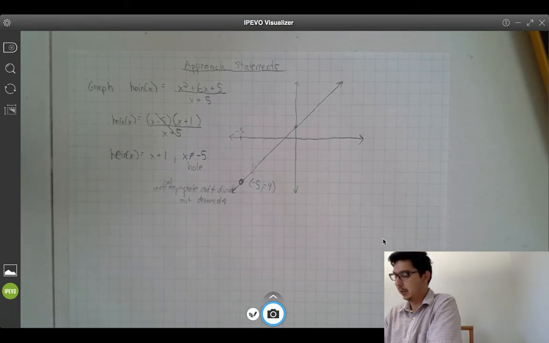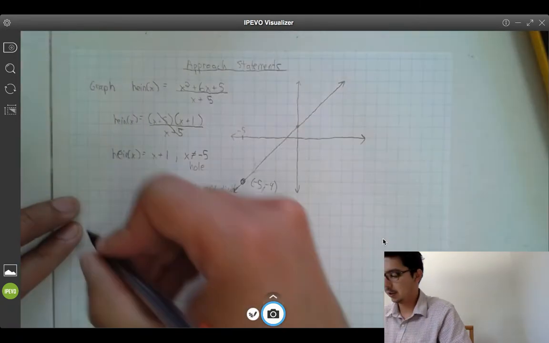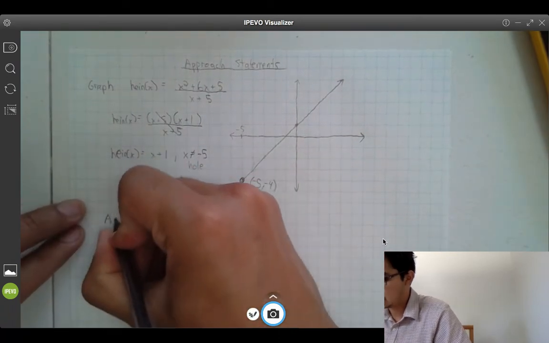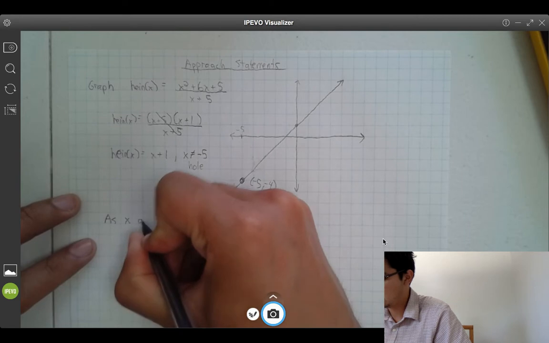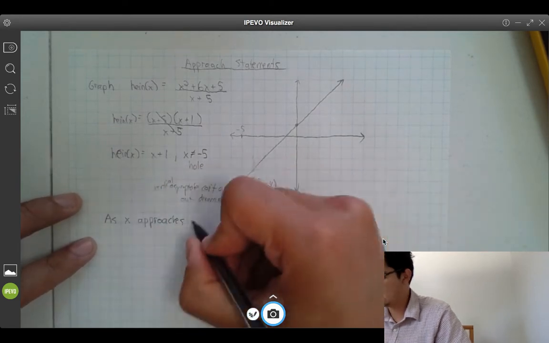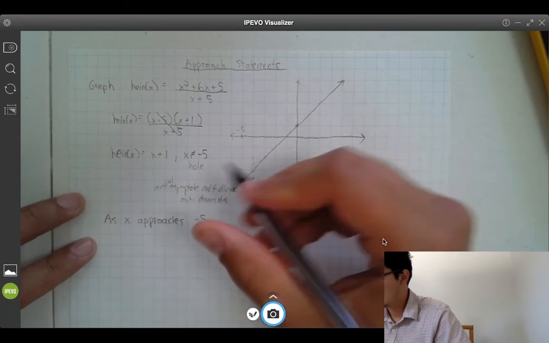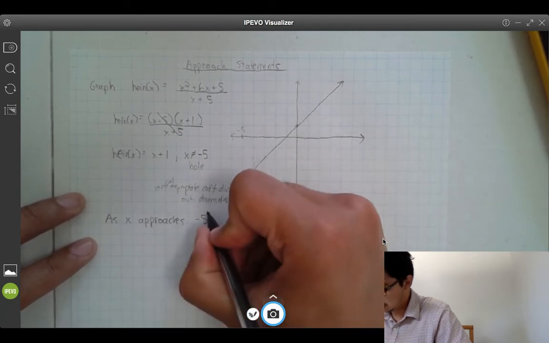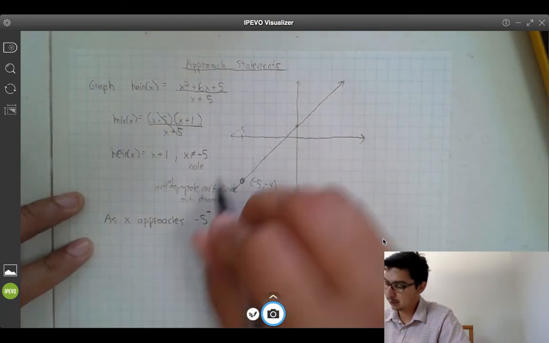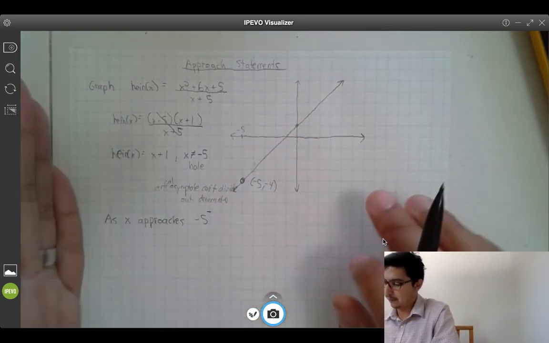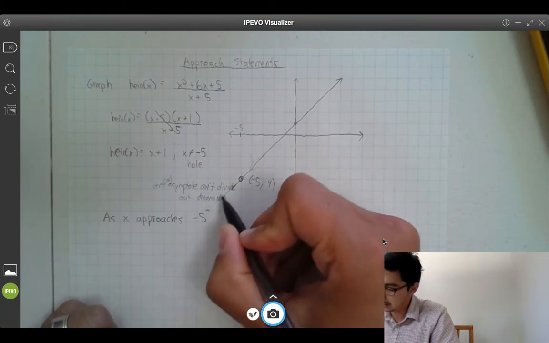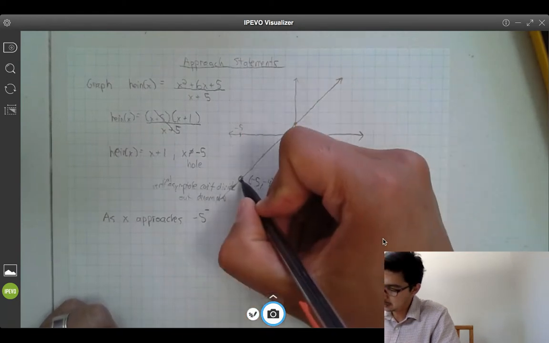Okay. Now, approach statements is writing something as this. As x, or your input, approaches, and in this case, let's say as x approaches -5. Now, there are symbols they can use where if they put a little negative on the top, that means from the left. So as x approaches -5 from the left, so from my left side, as I'm on the function, I'm on this line, as I get closer and closer to -5, I'm approaching what number?